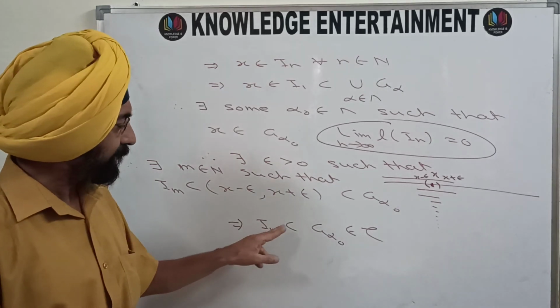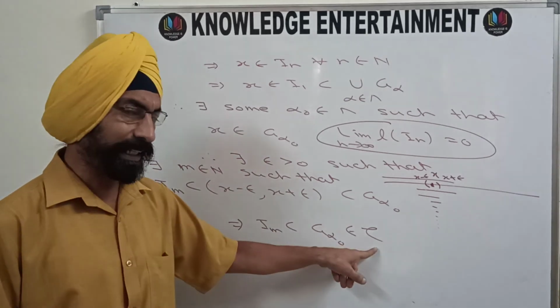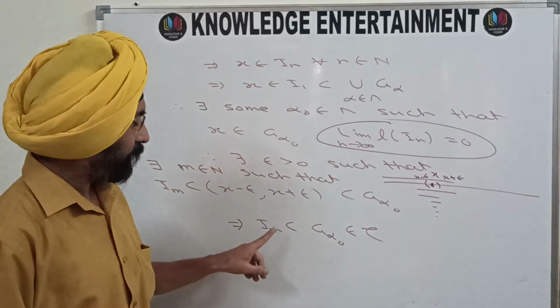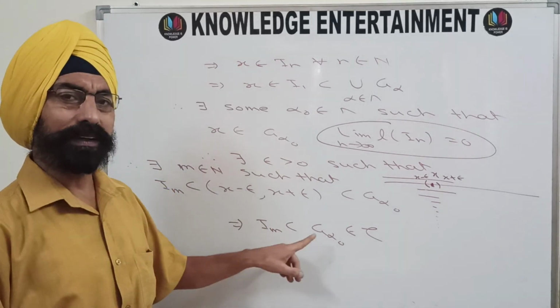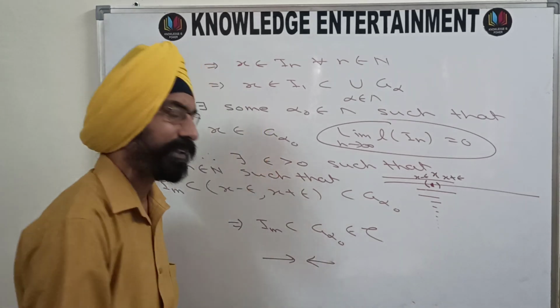But in the fourth point I have written that no In is covered by a finite number of members of C, and this is a contradiction.